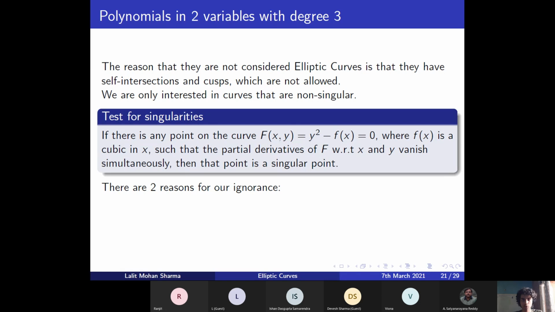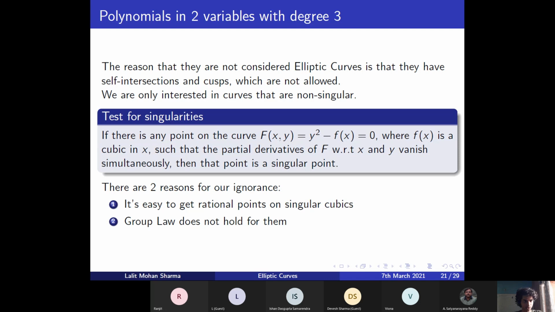The set of rational points is no longer a group if you have a singularity. So that's why we're being very particular about the singular points. I'll be defining what the group operation is in a minute. So there are just two reasons for it.